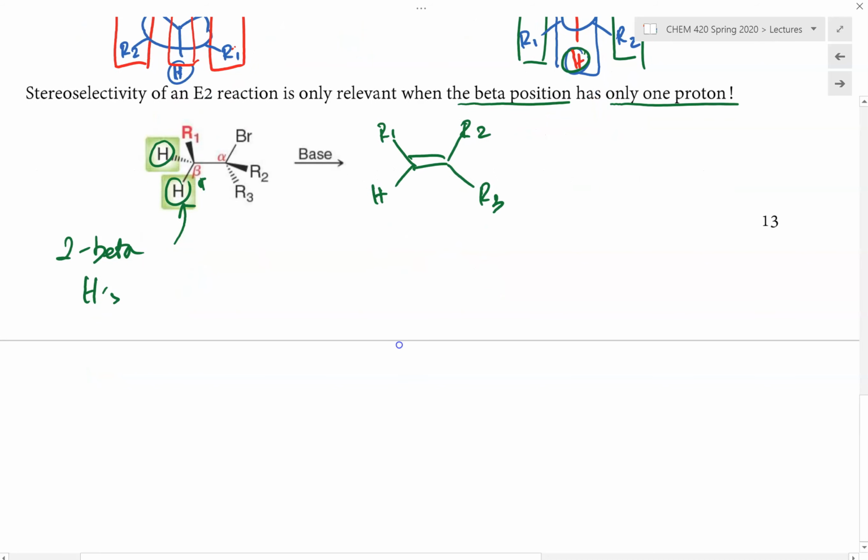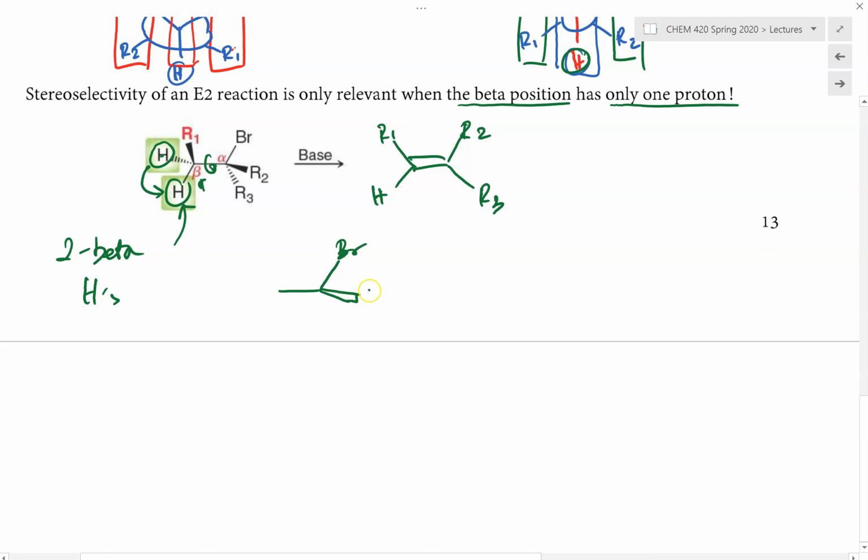The other product is what happens when this hydrogen right here is rotated down. So we will rotate this bond down, and now the structure would be as follows. We're going to keep everything on this carbon right here the same.